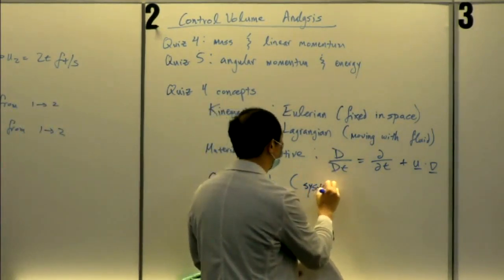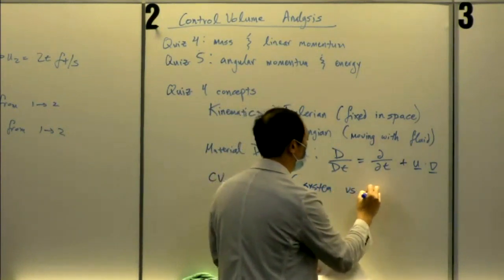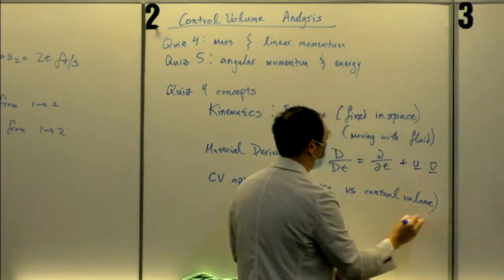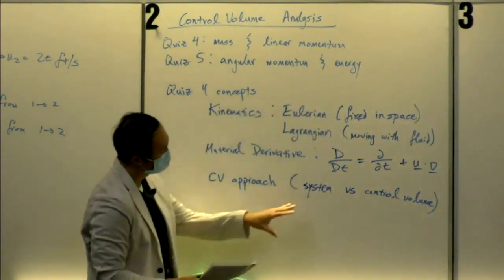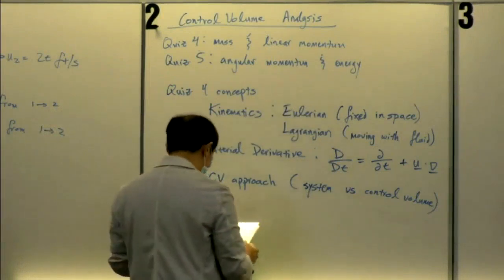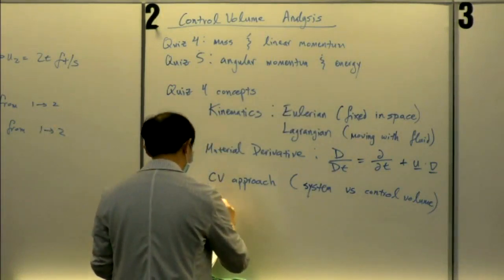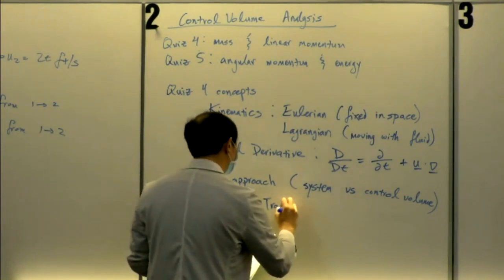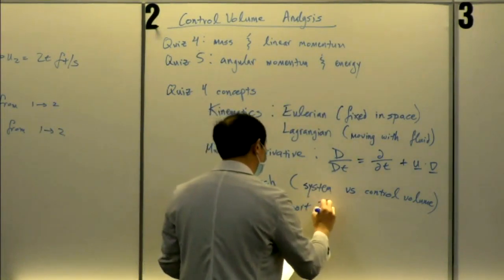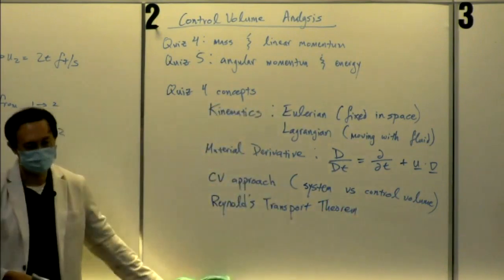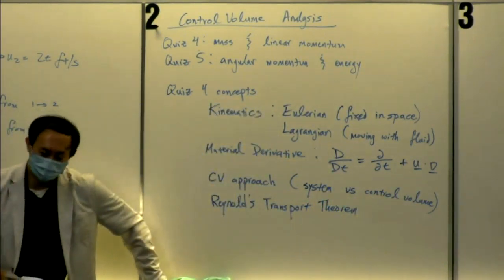The system is particles that are moving. I'll draw a little picture in a bit. And the control volume is something that's fixed in space. And the big thing that we're going to be deriving today, and what underlies all of these control volume problems, is called Reynolds transport theorem.